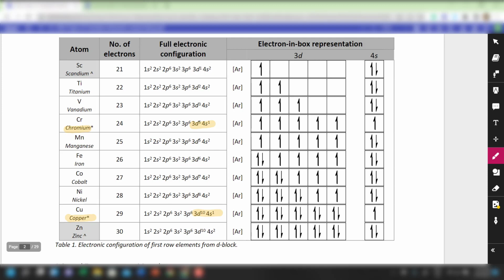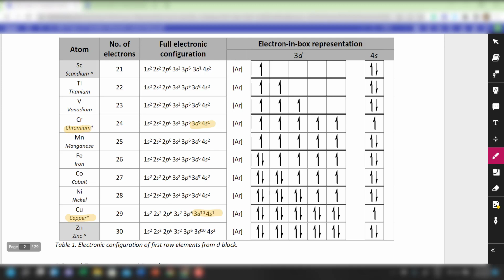In fact, for transition elements, if you study in university, you will be told that there are more exceptions than norms. And of course, at the most simplistic level, there is something known as the 18 electron rule, because for transition elements, the maximum number of electrons that you can put in the outermost shell is 18. Why is it 18?